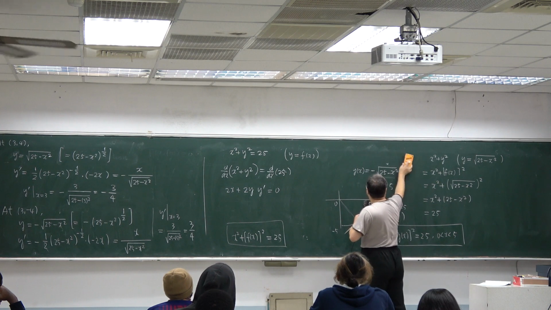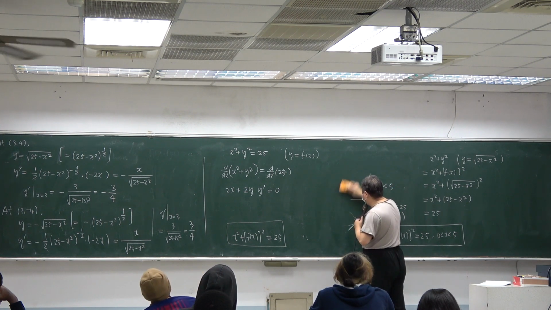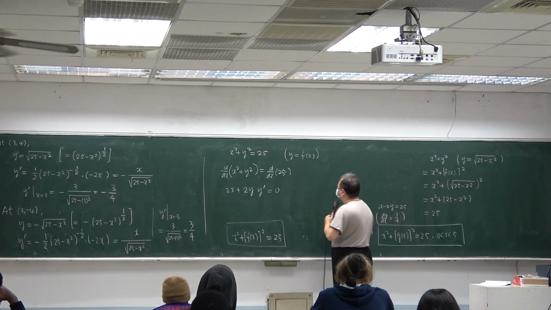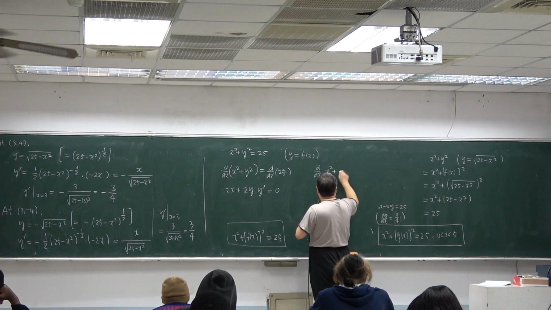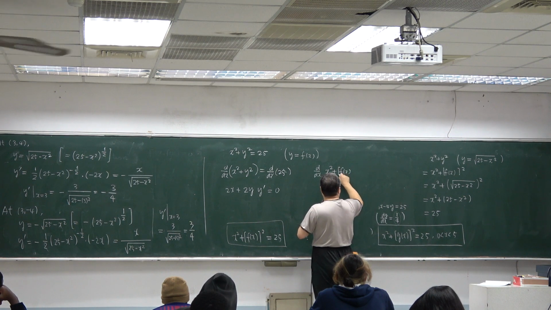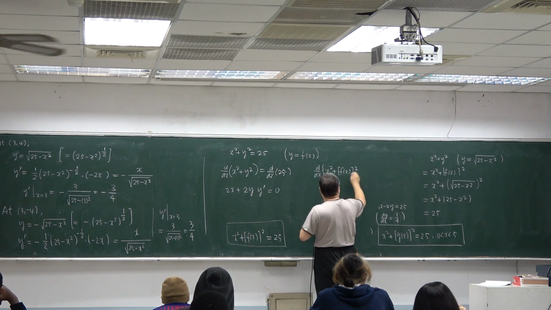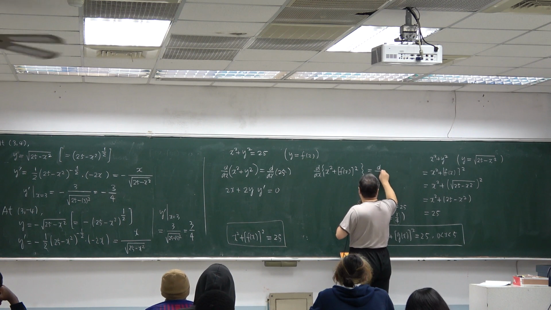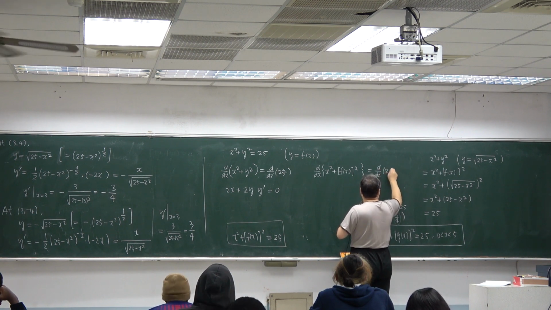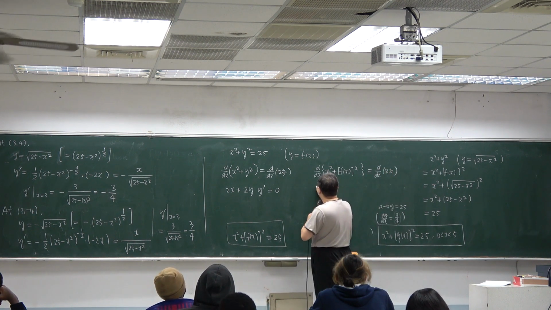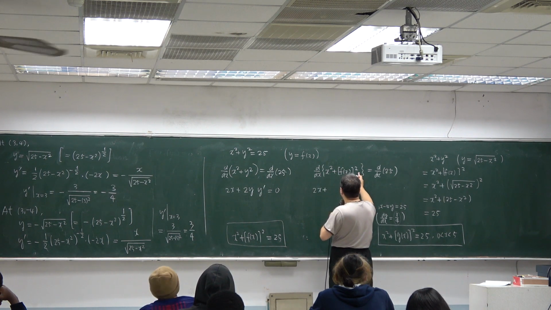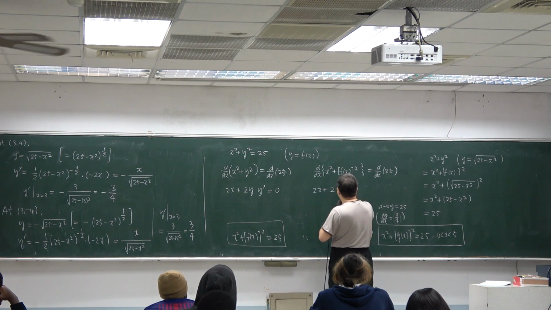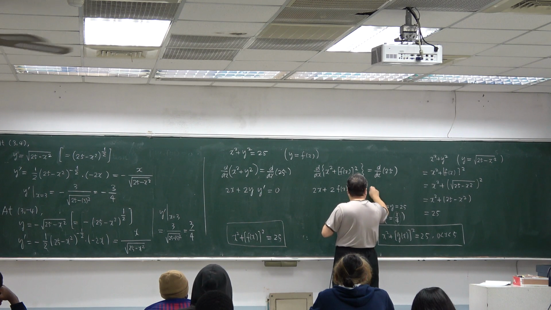This means 2x plus, using the generalized power rule, 2f(x) times f prime(x) equals 0.